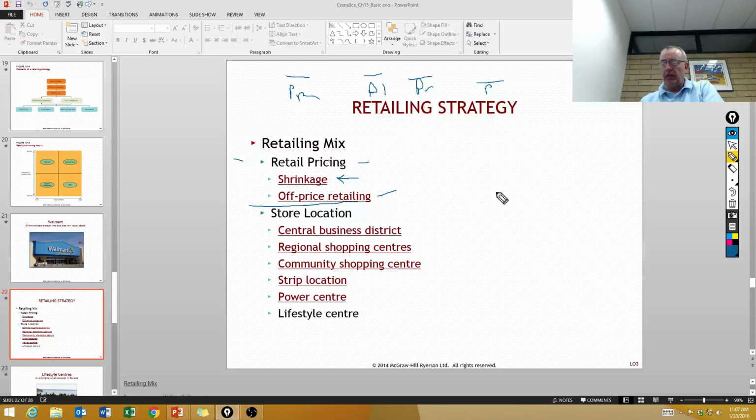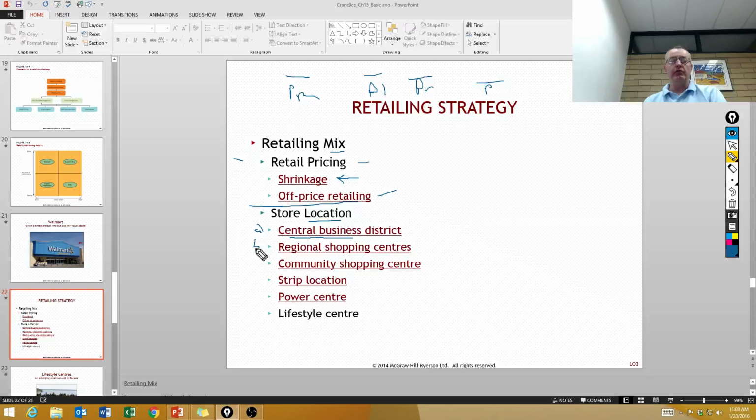Okay, the next retail marketing mix variable is location, and stores can be located in different types of locations. We have the traditional business district, which is the downtown area of a community.